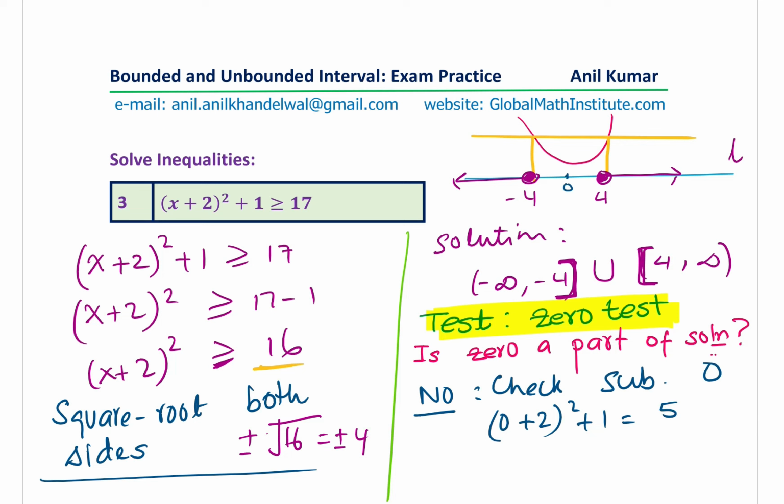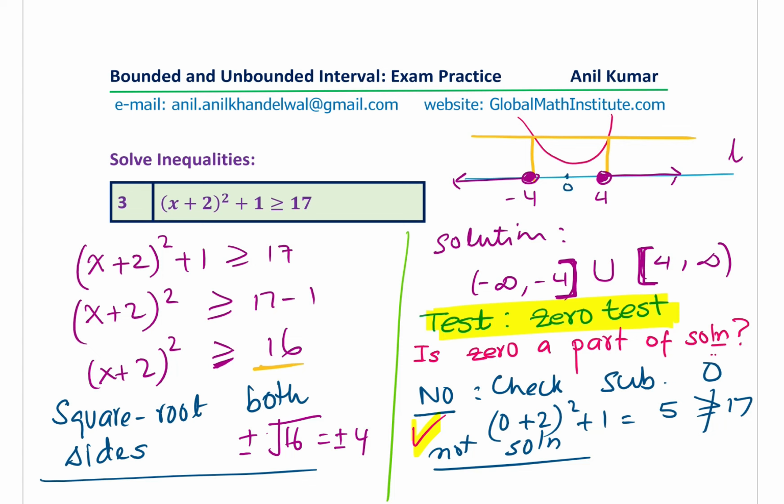And we know 5 is not greater than or equal to 7. So 0 is not a solution. Is that clear to you? So that confirms that our answer is correct.